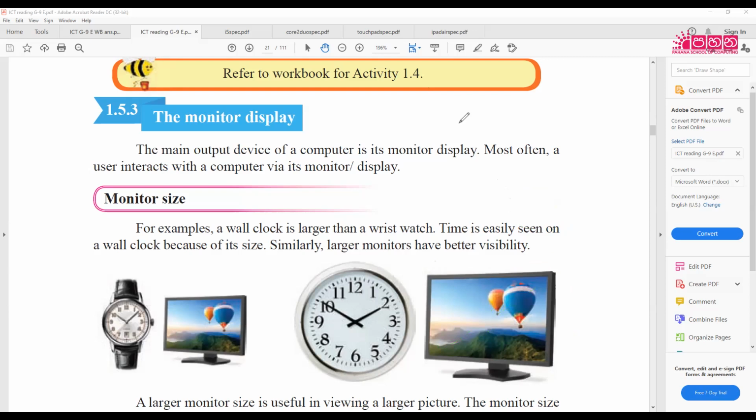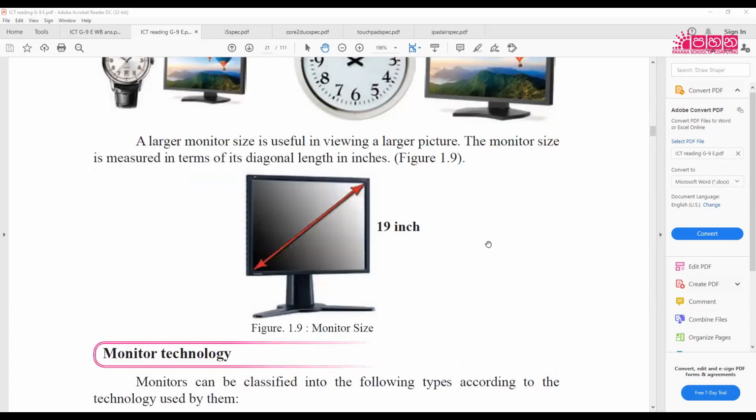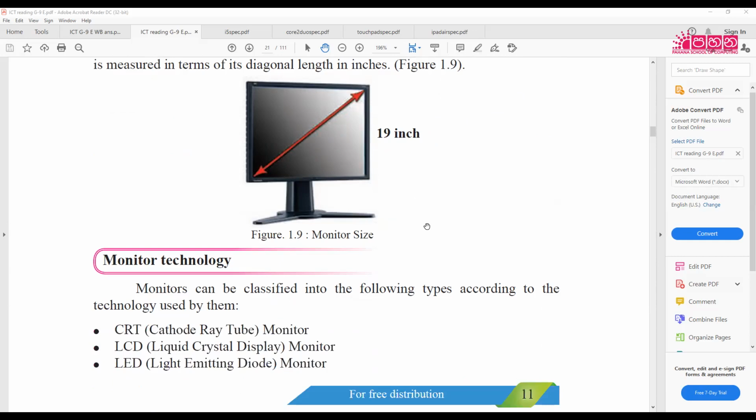Good point. So when you say 19-inch monitor, we call it diagonal. Across the monitor, diagonally, we measure a 19-inch monitor. So next time, I want you to know the size of your TV at home.